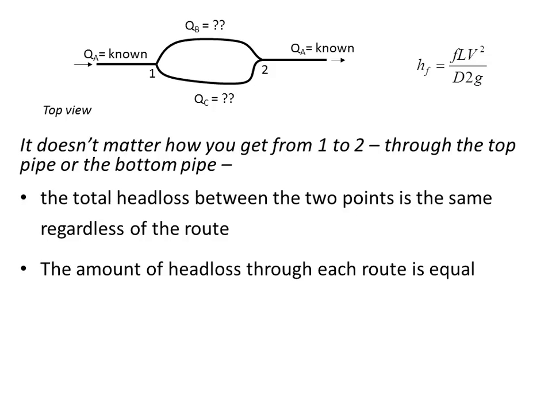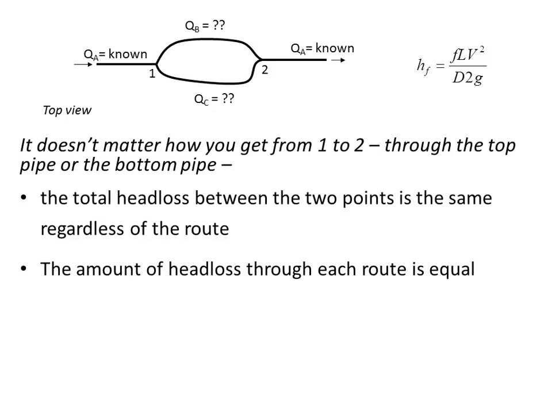So it doesn't matter how you get from location 1 to location 2. You go through the top pipe or the bottom pipe, the head loss between the two points is the same regardless of the route. And that seems like an intellectual jump at first when you think, how is it? Is it coincidence that there's the same energy loss through both of them? But that's just a reflection of equilibrium.